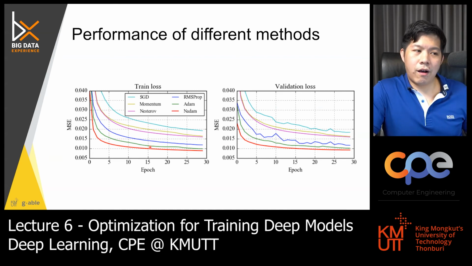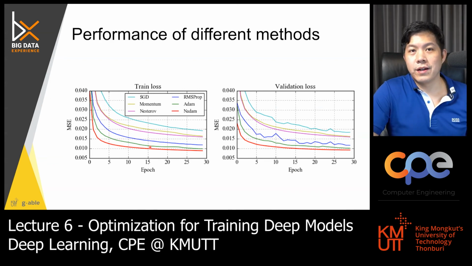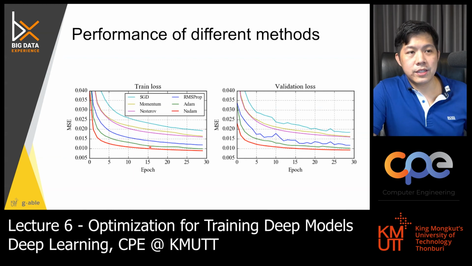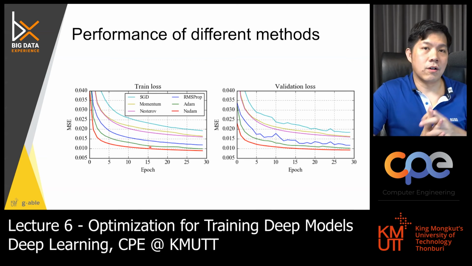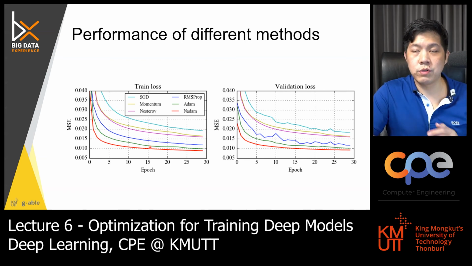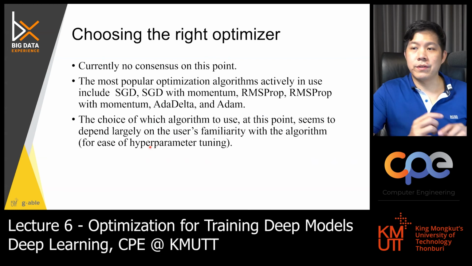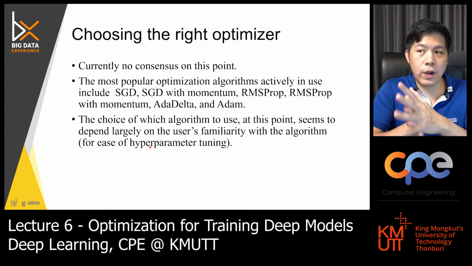Mainly, all of these techniques dealt with learning rate. They just adjust the learning rate to make the change of parameters faster or smaller at a suitable time. So that means you need to choose the right optimizer.